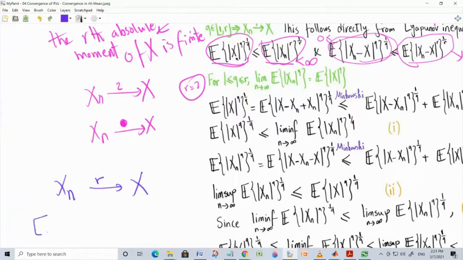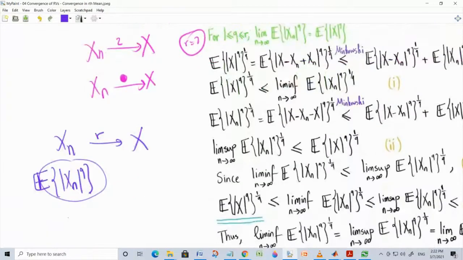What about this? This is a deterministic quantity, right? So what you do is that you compute this expectation for n equals 1, for n equals 2, for n equals 3, and so on. So this is, in fact, a deterministic sequence.